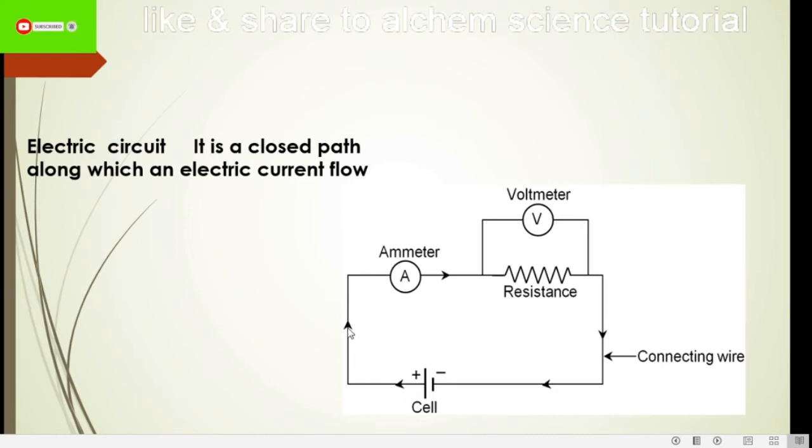Charge flows from this direction to this direction, then passes toward the voltmeter, crosses the resistor, and returns to its main position. So finally we understand that an electric circuit is nothing but the diagrammatic representation of electrical components.